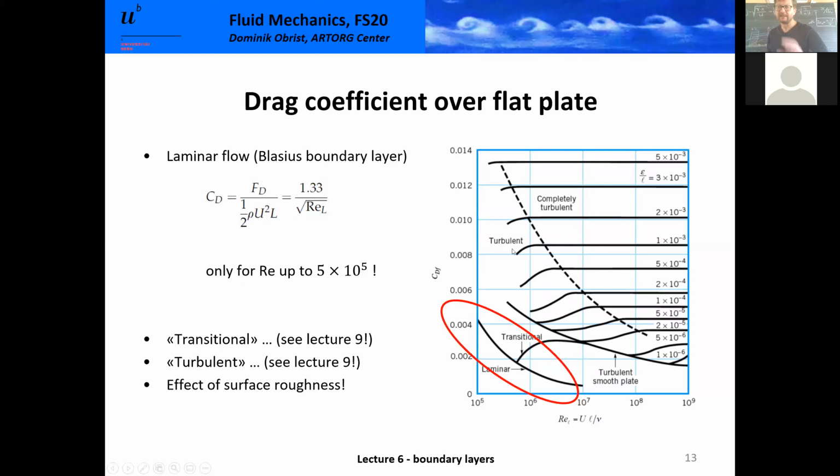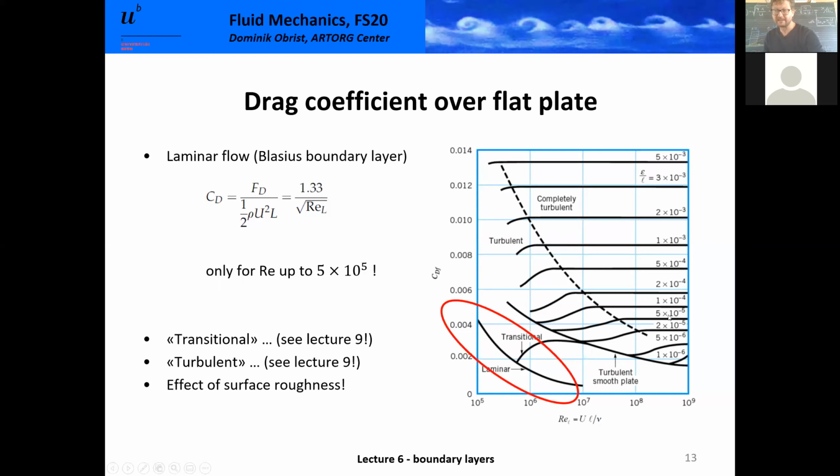Well, the lossless boundary layer is a laminar boundary layer. Everything is laminar, no turbulence. If the boundary layer becomes turbulent, and we'll look at this in lecture 9, the shear stresses will increase and the drag will increase. This is why if you go to turbulent cases, we have higher drag coefficients. There's also a transitional regime in between laminar and turbulent.